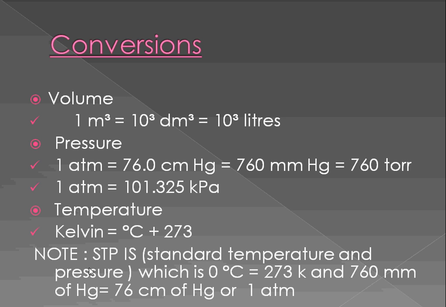You should note that standard temperature and pressure is 0 degrees Celsius, which is 273 Kelvin, and 760 mm of Hg, that is mercury, which is equal to 76 centimeter of Hg or 1 atm.